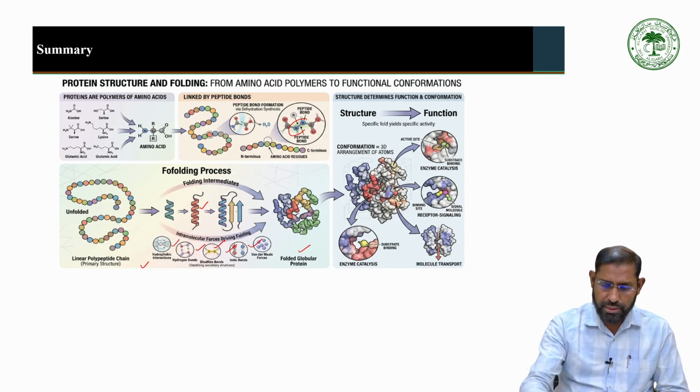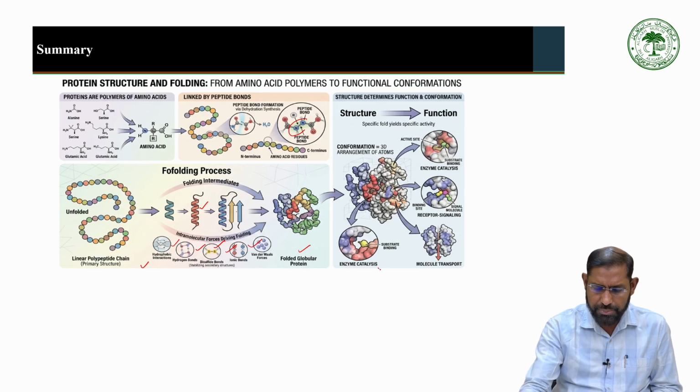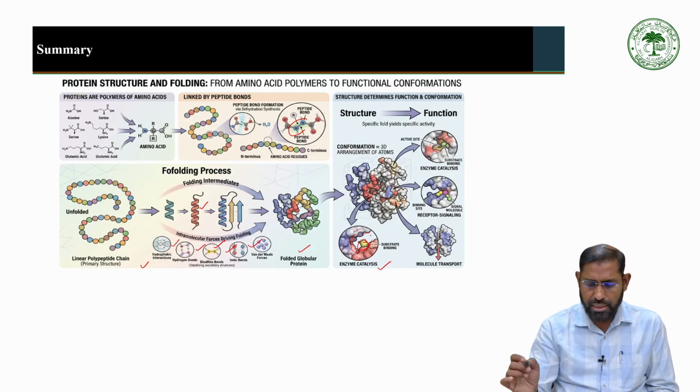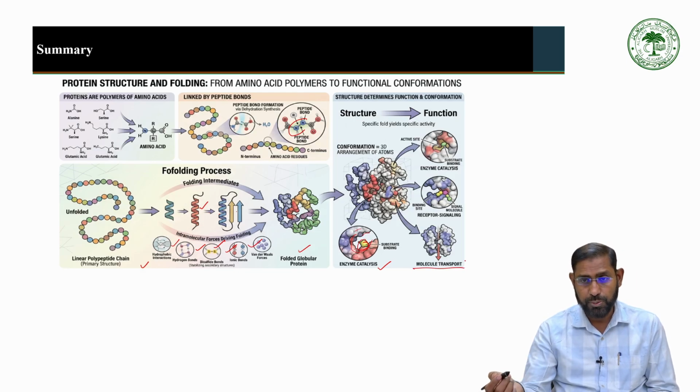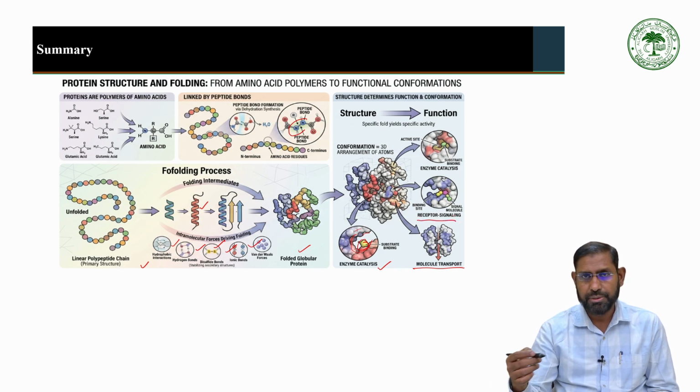Now this folded structure gives different conformations, like enzyme catalysis. This is a substrate, and this is the enzyme specific region. Then there is molecular transport, which helps in transporting molecules. Then they also have receptors, different receptors for cell signaling.